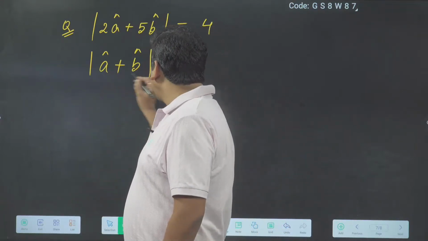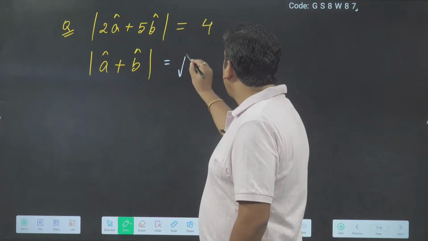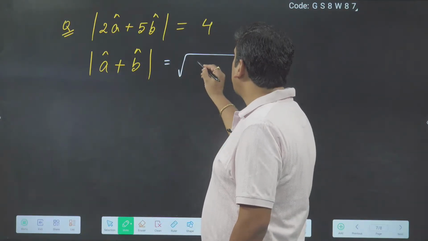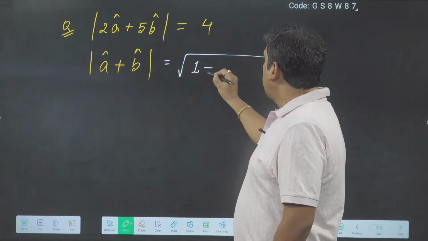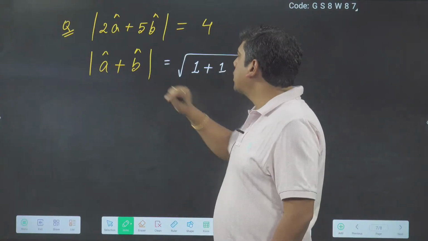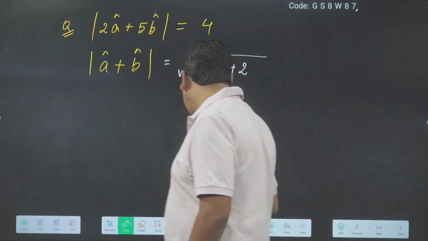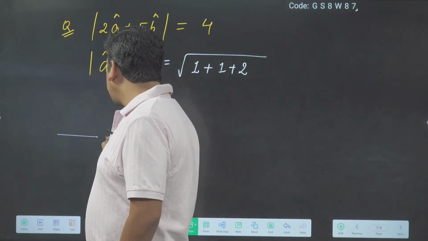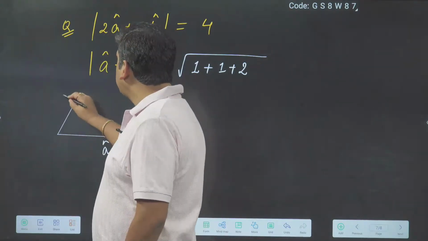So if you find this, it will be simply, understand, it will be simply under root of a square. What is a square? 1, because a cap is a unit vector. 1 plus 1, 1 square plus 1 square plus, we don't know the angle between. Let's say this is a cap, this is b cap.